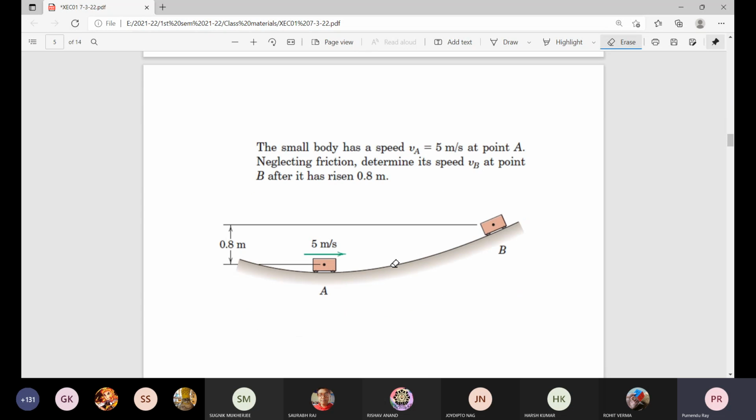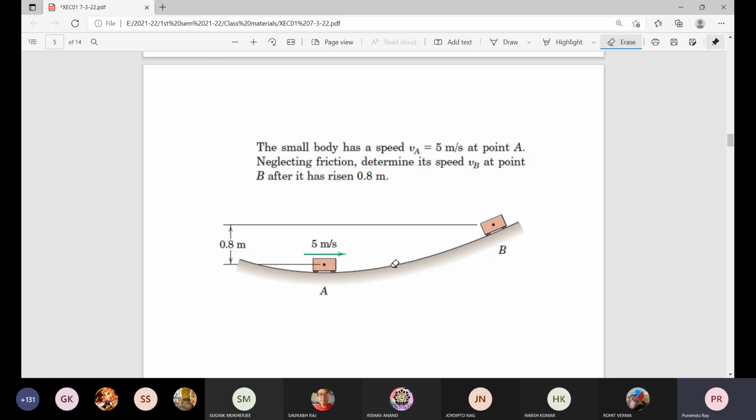A small body has an initial velocity VA equal to 5 meters per second at point A. Neglecting friction, determine its speed VB at point B after it has risen 0.8 meter. Friction is not there.